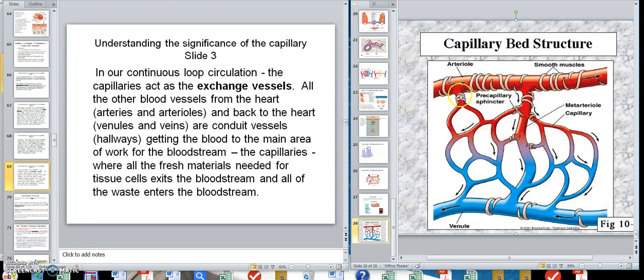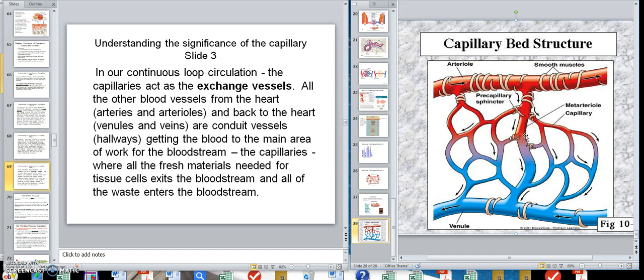So think of it this way: you'd come here, close all the precapillary sphincters, the blood would come down, hit the freeway, and then go on back. So you see, within the capillary bed, because of these precapillary sphincters and metarteriole structures, you can get a lot of action even within one of these billions of capillary beds. Okay, so that's kind of what we're looking at.